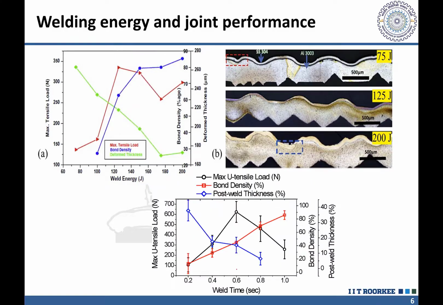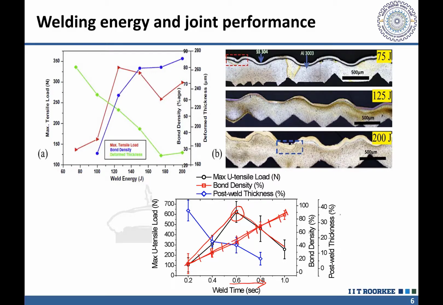Here if we see, for a given setting, if we increase the weld time, that in turn will be increasing the welding energy also. So increasing the weld time increases the joint strength up to a limit. Thereafter joint strength starts decreasing, but the bond density or the interfacial bonding will keep on increasing certainly.